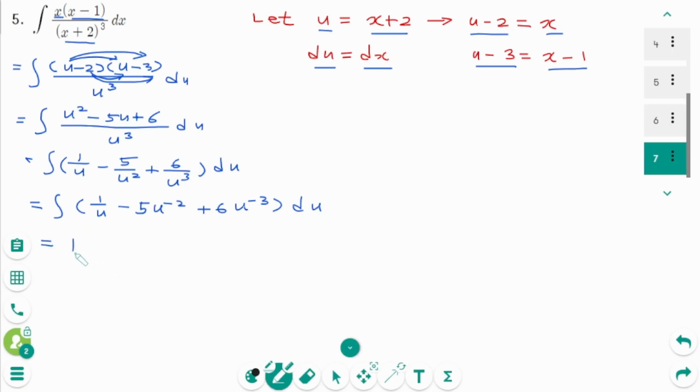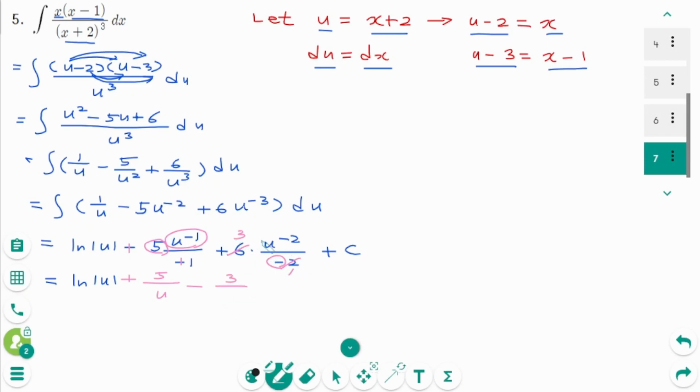equals, at an absolute value of u minus 5, now use the power rule for integration, u to the power of minus 1 over minus 1 plus 6 times u to the power of minus 2 over minus 2 plus c, equals, at an absolute value of u, make positive 5 over u minus 2 times 1, 2 times 3 over u squared plus c.